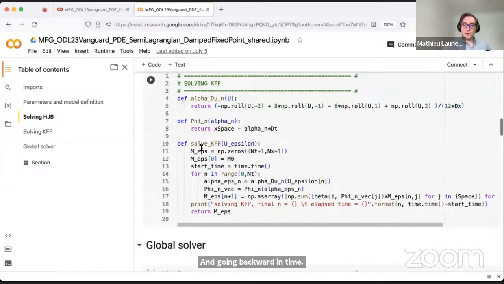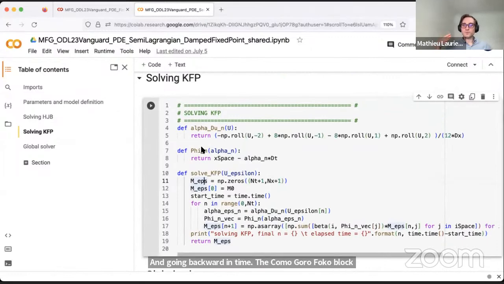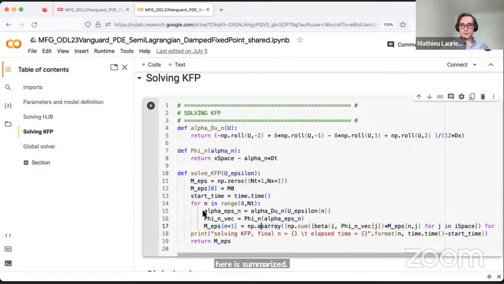The Kolmogorov-Fokker-Planck equation, which was the part, maybe the less intuitive part, where we had to explain this Lagrangian point of view and how the mass evolves and splits between two different cells, is summarized here using just a few lines of code and defining this M epsilon, capital M epsilon in the slides.